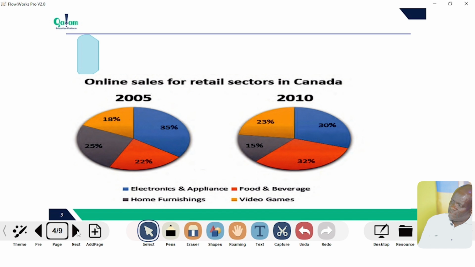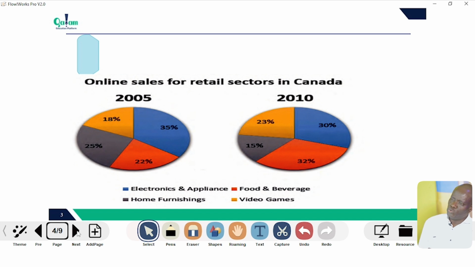Then you can see clearly in 2005, 35% electronics and appliances were sold. Now, when you come to 2010, there was a decrease from 35 in 2005 to 30 in 2010.